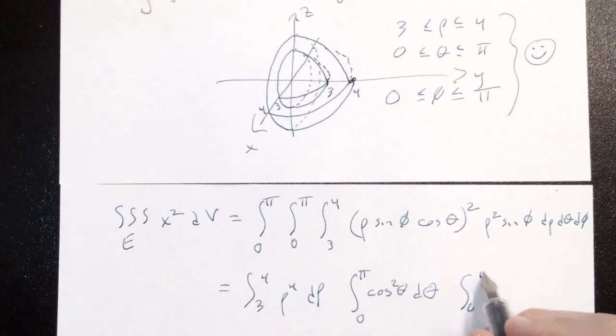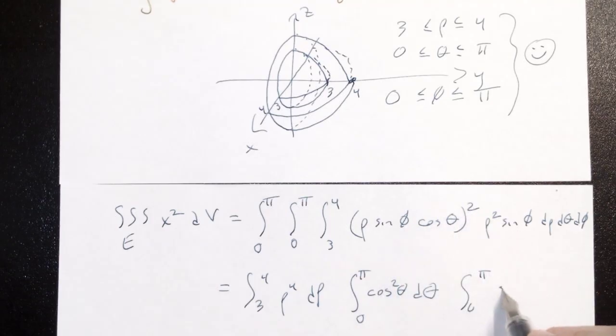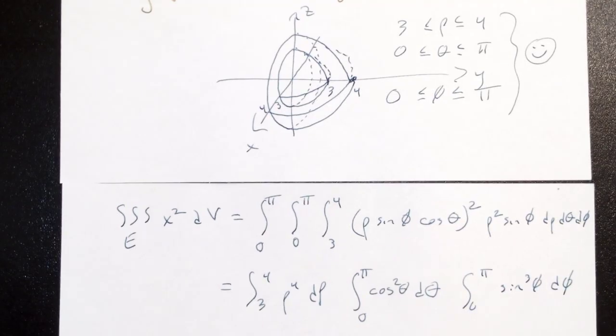And then 0 to pi, I got sine squared phi and then another sine phi, so I end up with sine cubed phi. The first integral is power rule. That's easy. The second integral requires me to do the square reducing formula. The third integral is a u-substitution, chapter 7, section 2. I know how to do this. Oh, thank God.